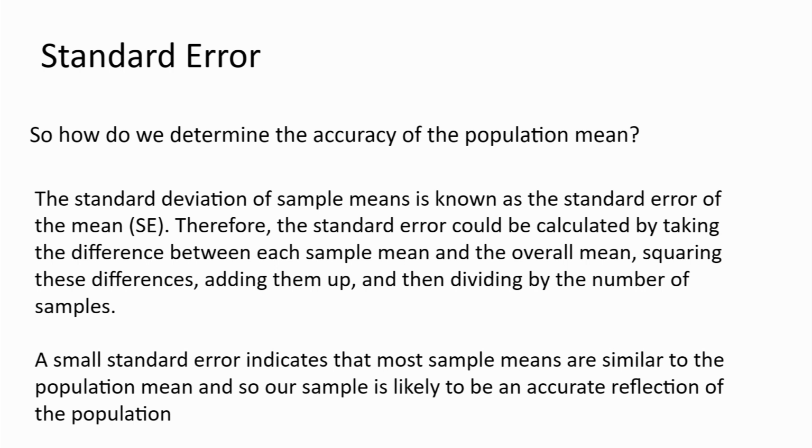Now those means will deviate among themselves from the population mean. So that error is called the standard error. It's like standard deviation, but it's not completely standard deviation, and we will talk about an example of this also.